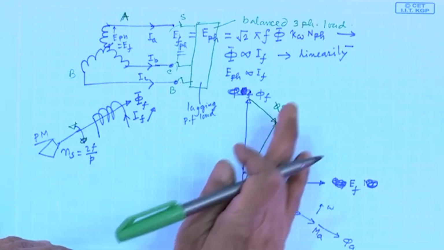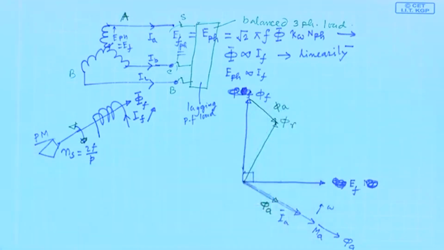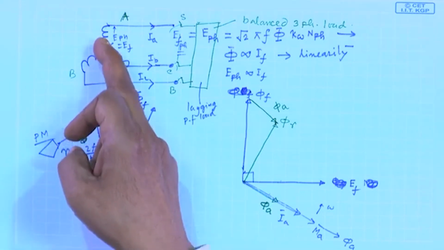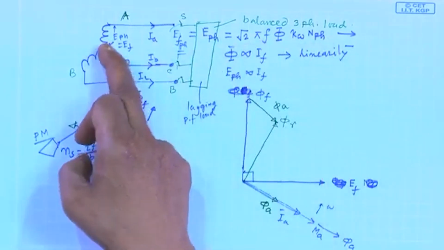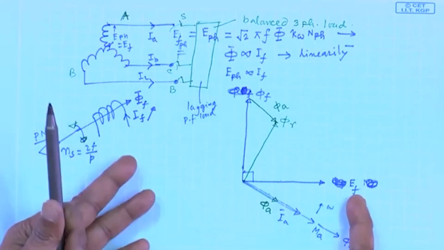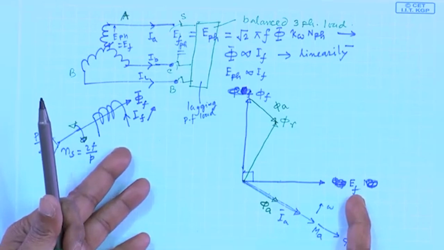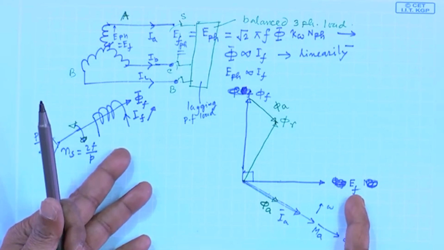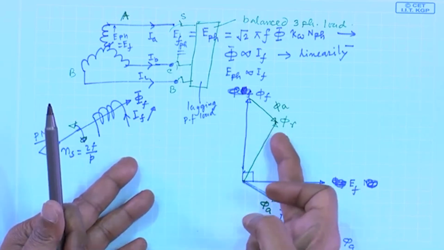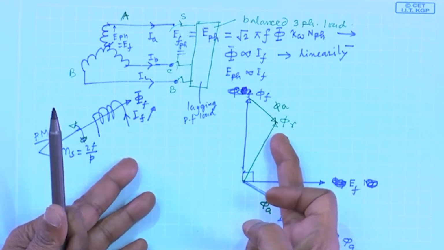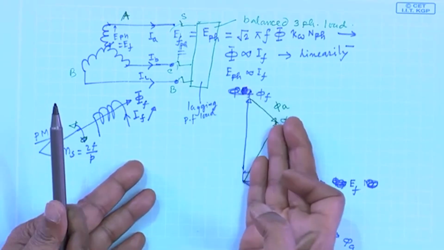If this is your phi R, the net resultant field, then I will say, oh, now the induced voltage in this expression is no longer EF. The induced voltage must be decided by phi R, because both phi F and phi A exist.